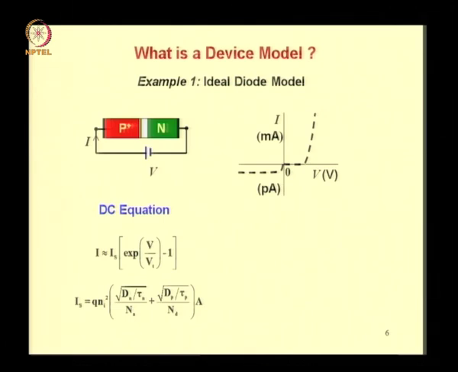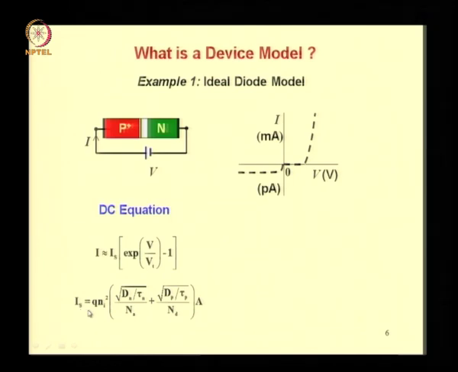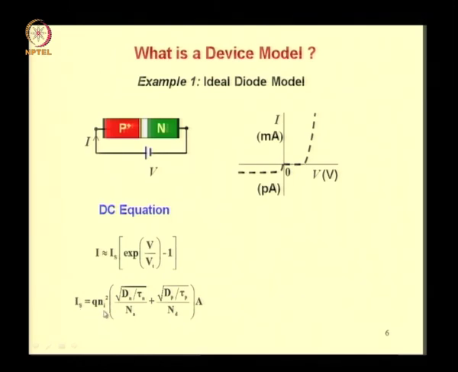You can express this current voltage characteristics in terms of an equation which is called the DC equation, I equal to Is into exponential of V by Vt minus 1, where Is is equal to q times ni square into square root of Dn by tau n by Na plus square root of Dp by tau p by Nd into the area of the diode.